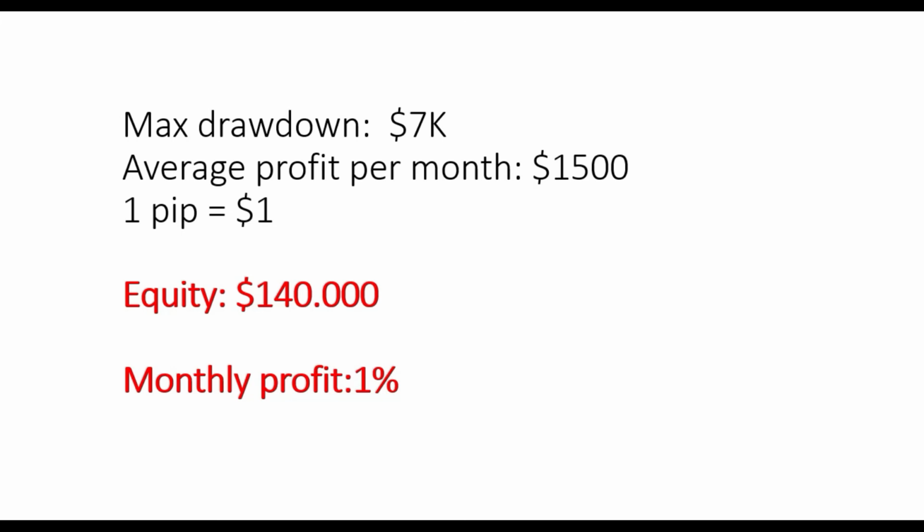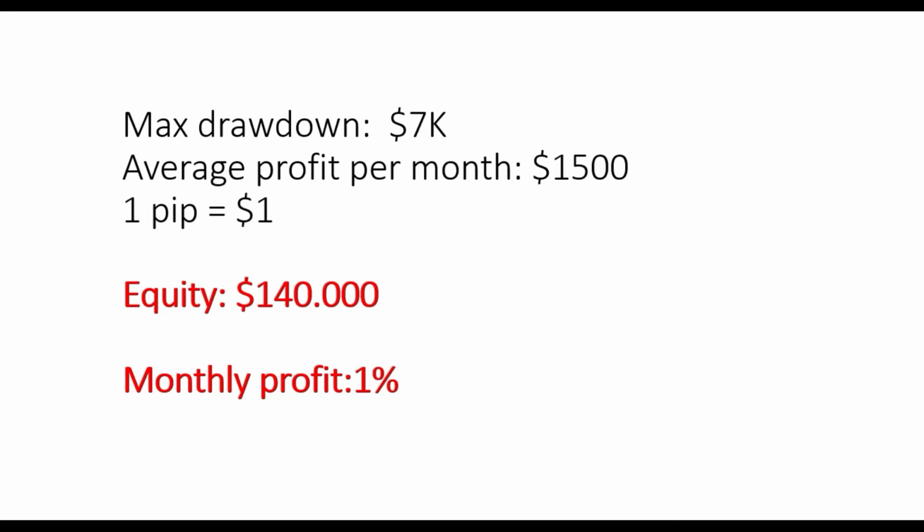Using the maximum drawdown, you can calculate the equity that you need to have if you want to have performance like this trader. So we will calculate, and it is $140,000. It's 20 times bigger, because 7K is 5%.